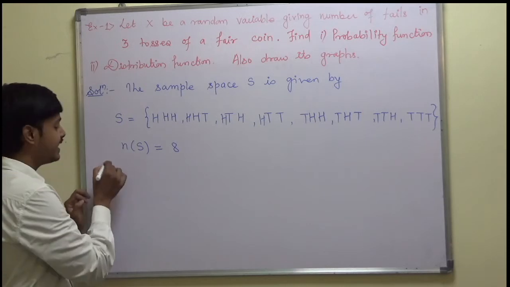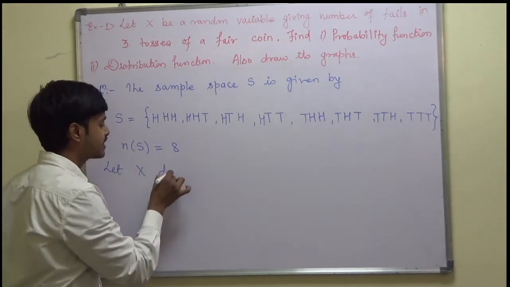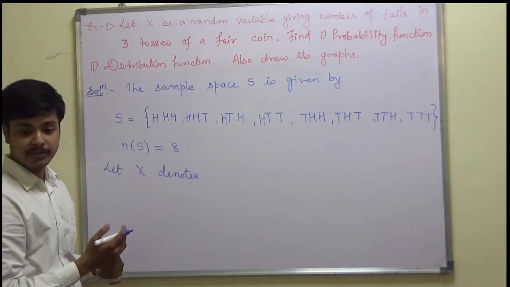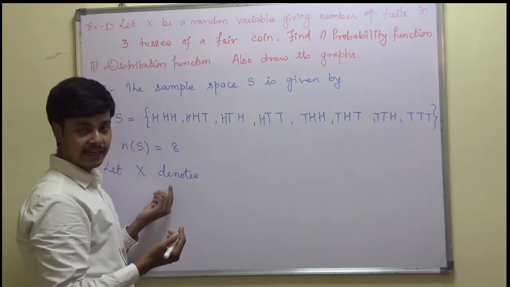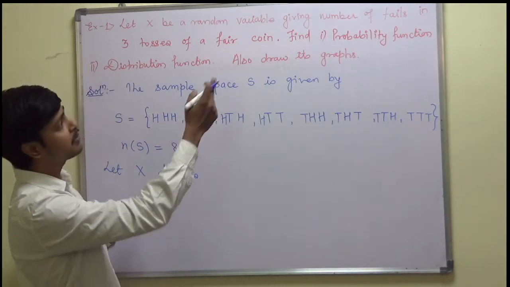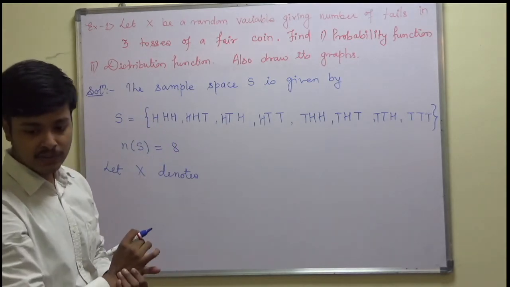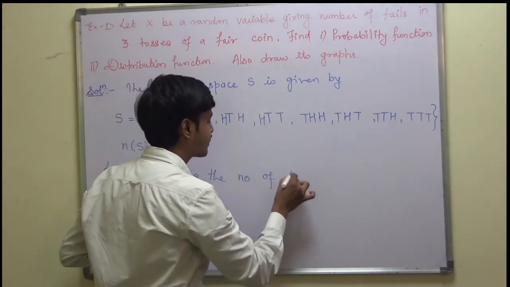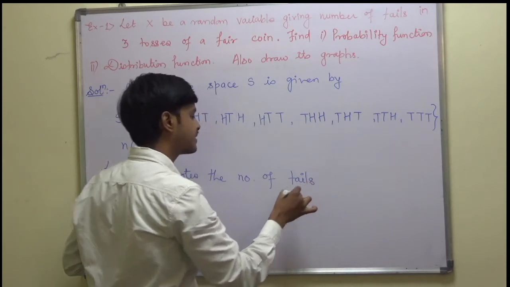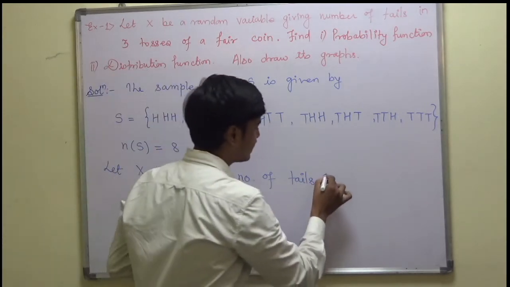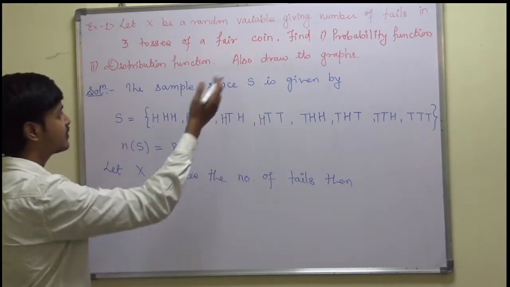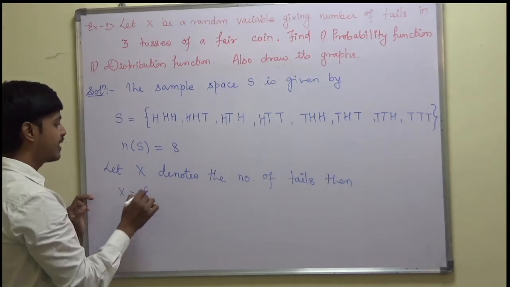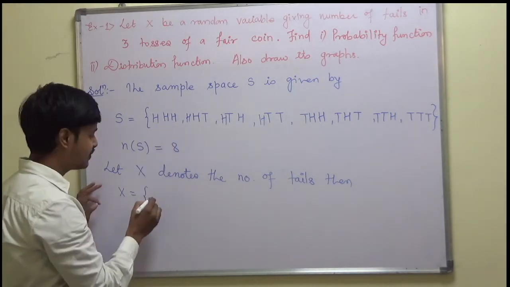Now let us define the random variable which is given to you. Let x denote the number of tails. Of course, x is a random variable. If it denotes the number of tails, then how many tails are there? 0.